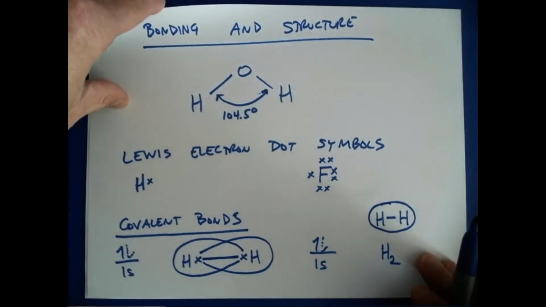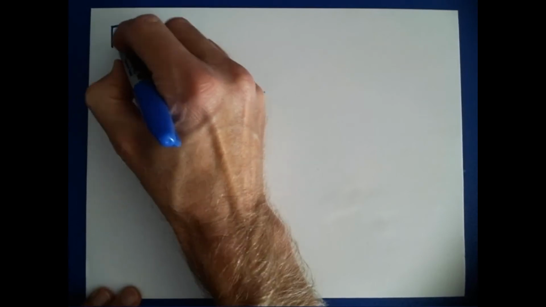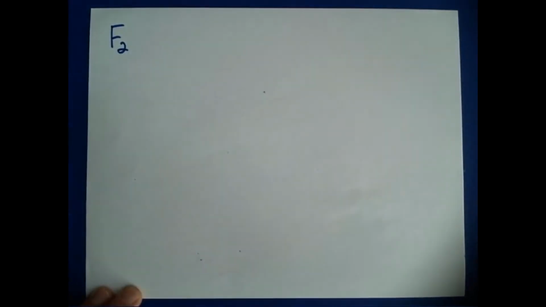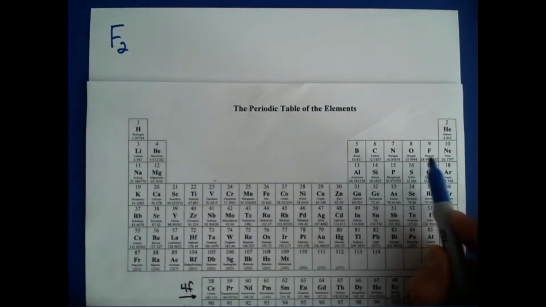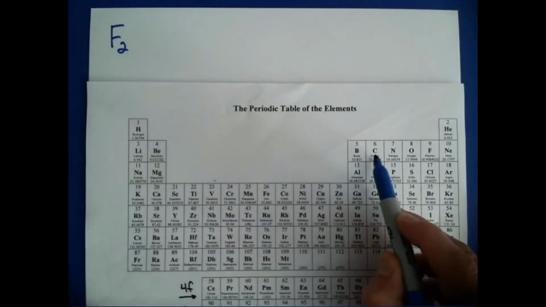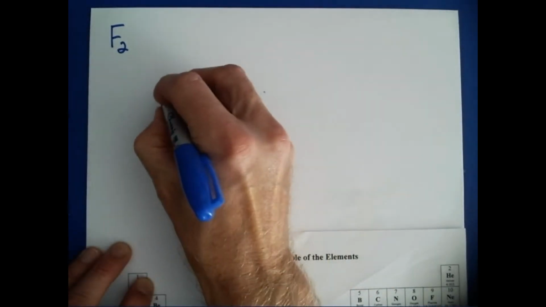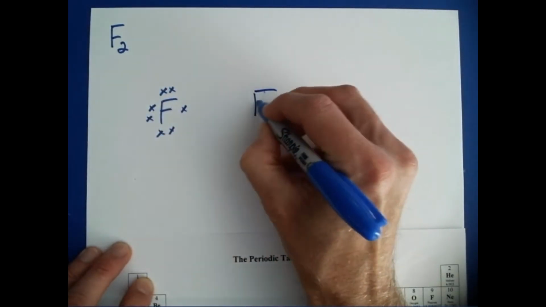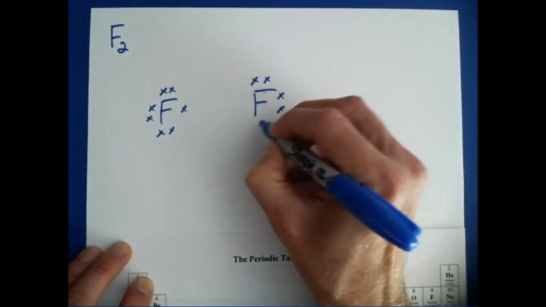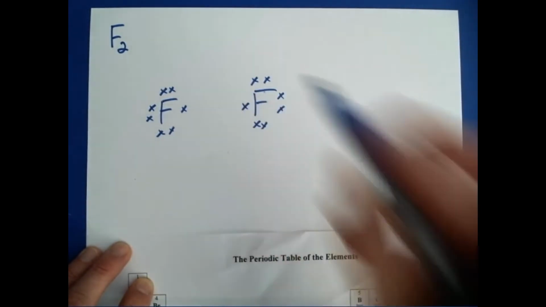We can also see this, say, in the molecule fluorine. If I'm going to look at fluorine, I can draw 2 fluorine atoms, both with 7 valence electrons. Here's this fluorine atom with 7 valence electrons. Here's another fluorine atom with 7 valence electrons.